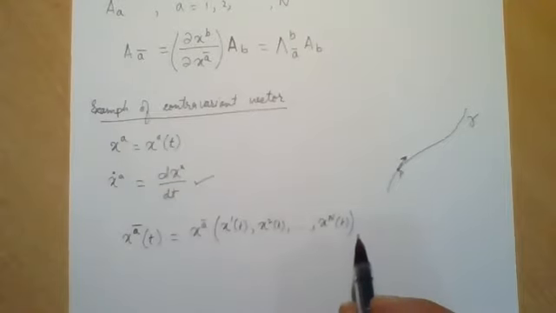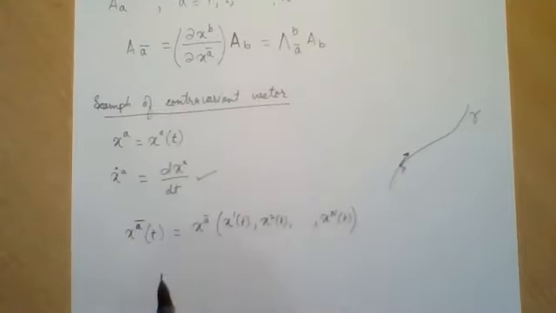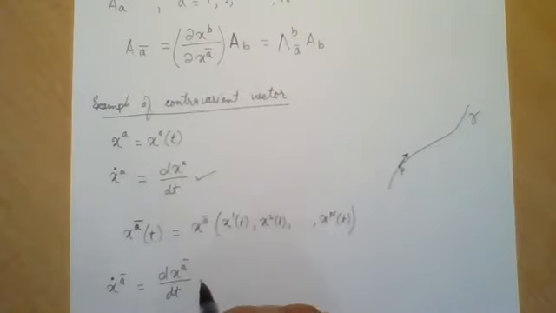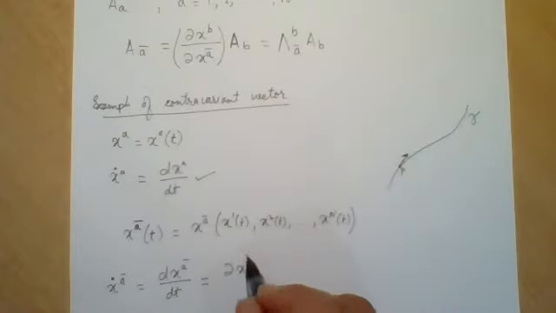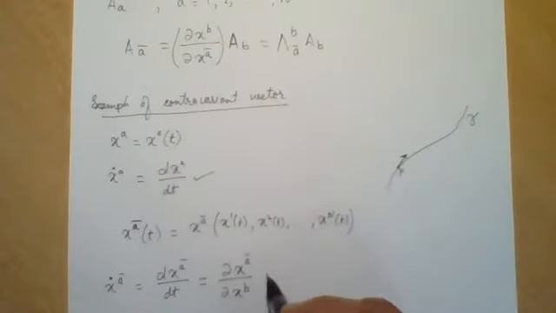So I need a differentiation with chain rule. x a bar dot, that is dx a bar by dt, is equal to del x a bar by del xb times dxb by dt.